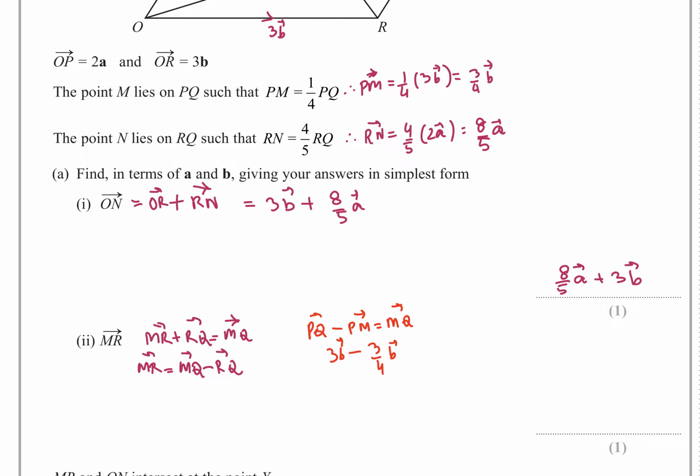So that is equal to 12 minus 3, so 9 over 4 B, and that is MQ.